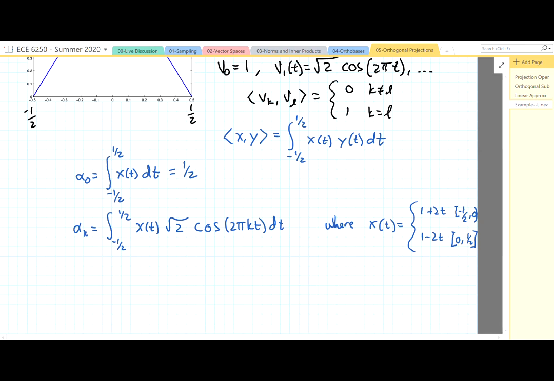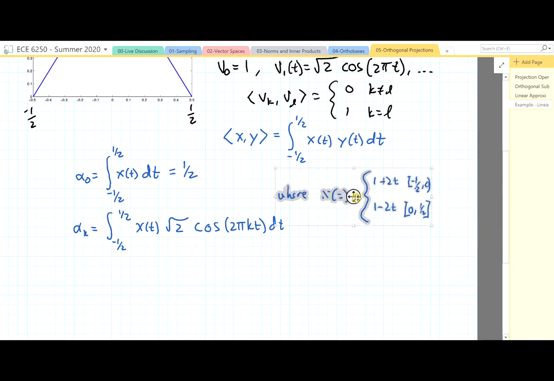Okay. So there we go, and we can actually do this integral.